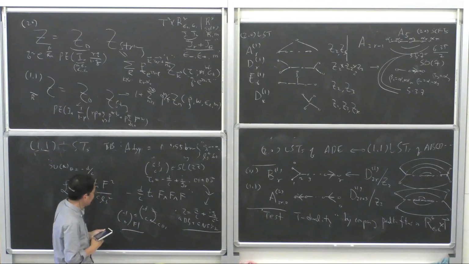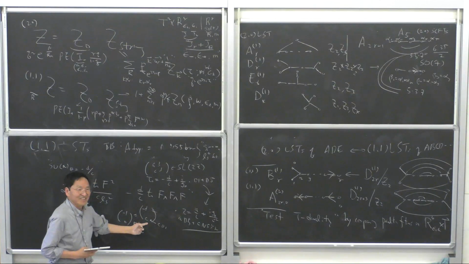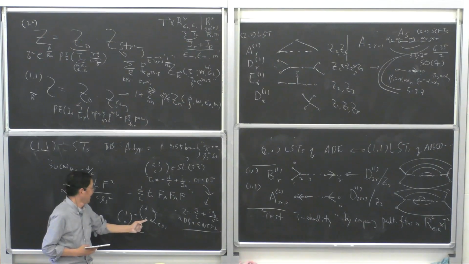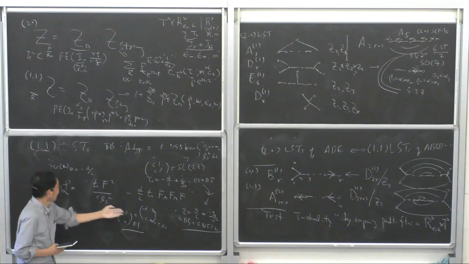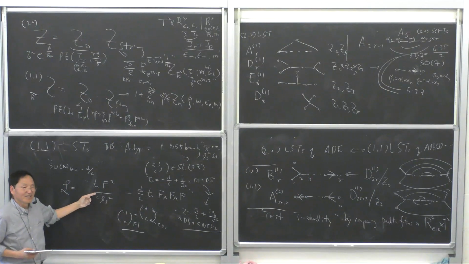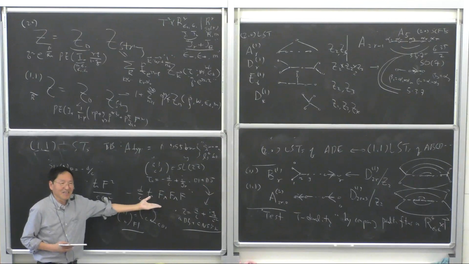So fundamental string is made of the C T1 strings. So little string is made of C number of the instanton strings. So that's why instanton string carries tension, which is 1 over C of the string tension. And that's the effective Lagrangian you get.